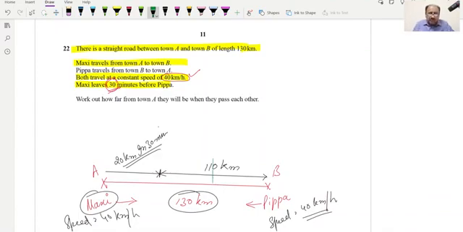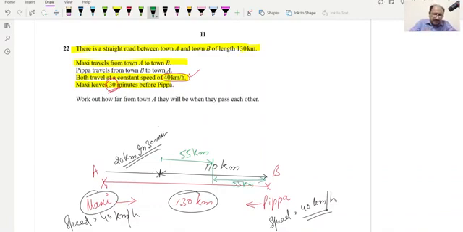So half of this will be what? Half of this will be 55 kilometers. So from this position to this position will be 55 kilometers, and this one Pipa has also covered this much distance which is 55 kilometers.